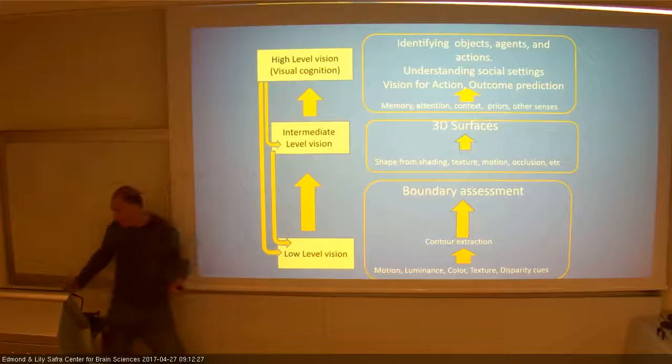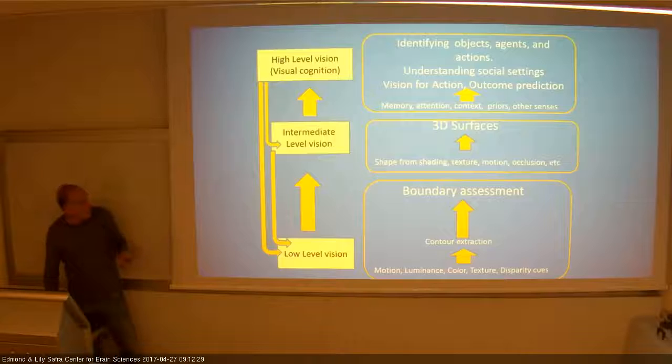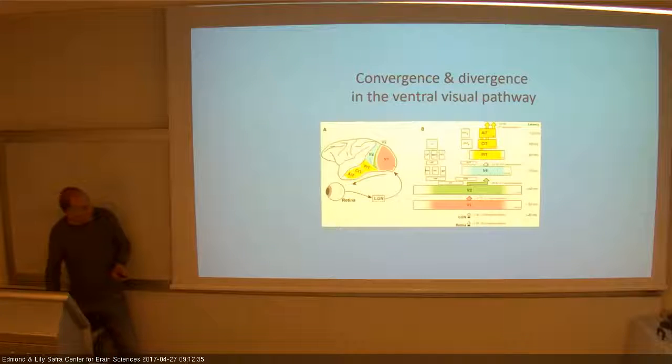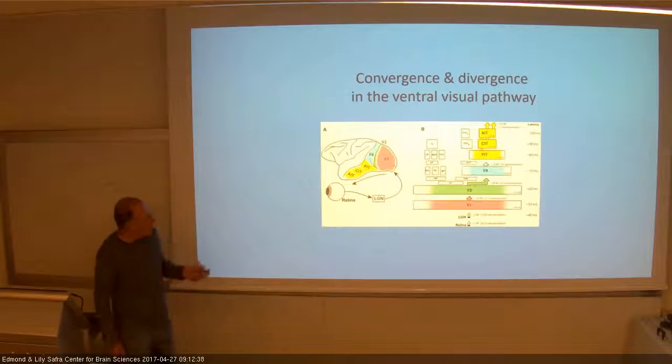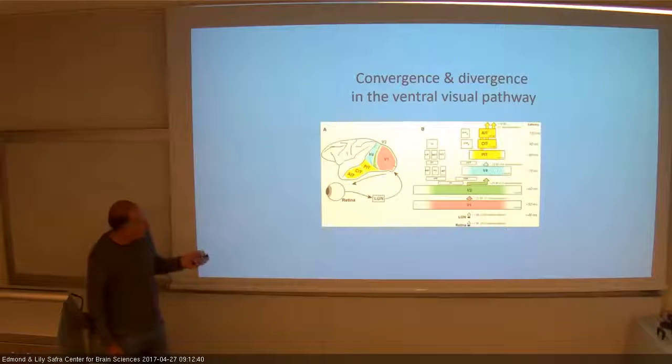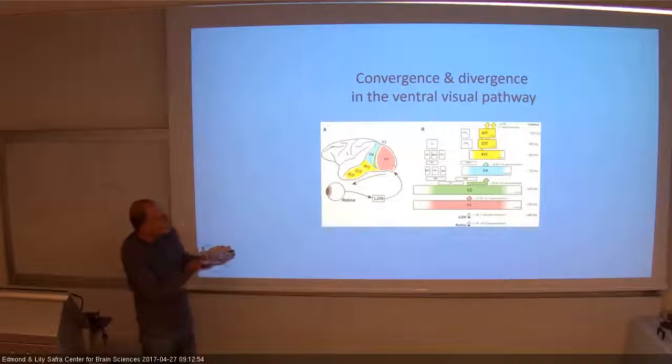We don't have time to get into that, but that's one major way in which you can impact processing already at the early areas. Now, if you think about the physiology of this, we talked about information going from the retina to the LGN and arriving in V1, we talked a bit about processing in MT, and now we're going to talk about the ventral stream, which is related to object recognition, and that's just to give you an idea.